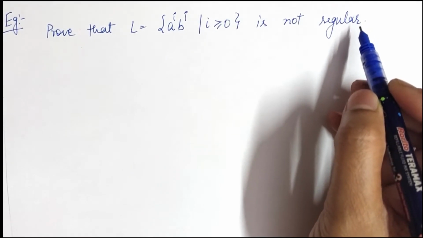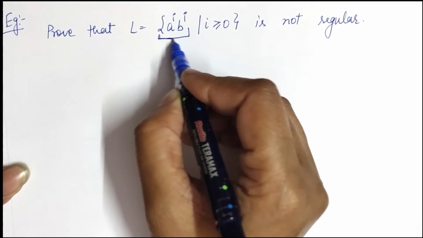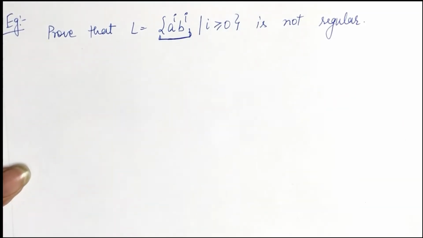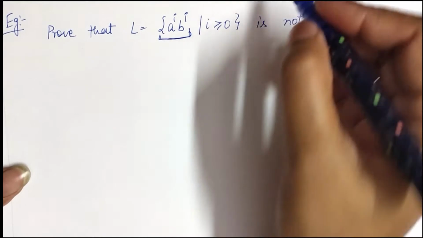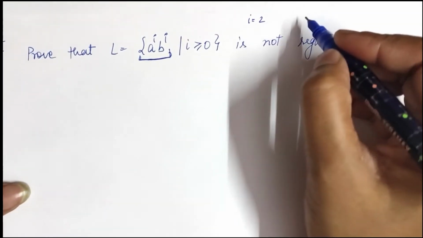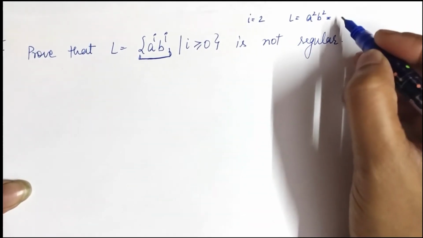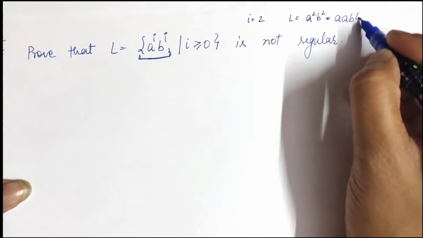First we check that this language indicates the counting of A's, which is followed by B's the same number of times. If I take i equal to 2, then this language is a to the power 2 b to the power 2, which is AABB.